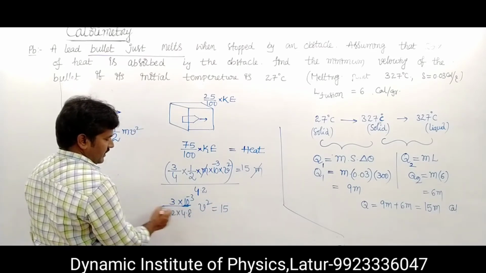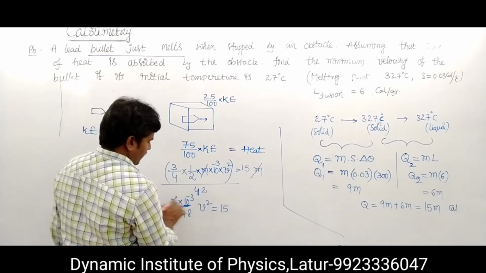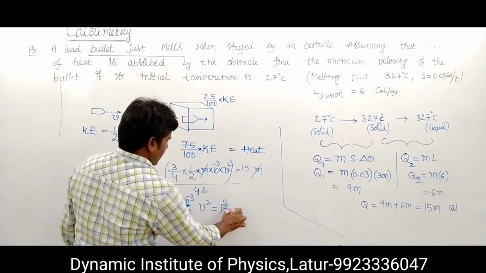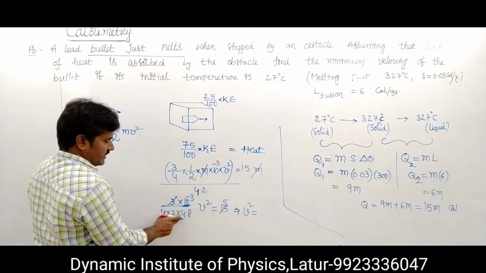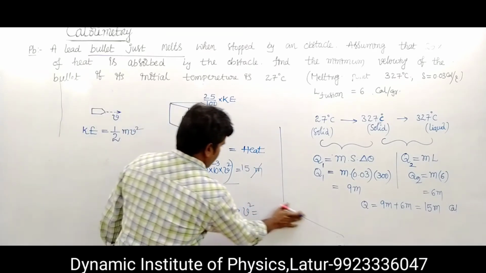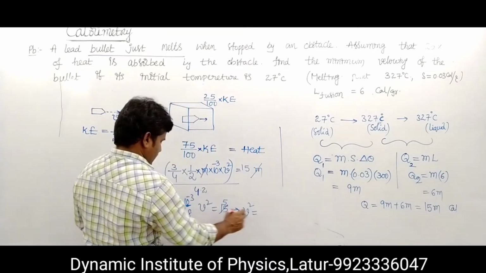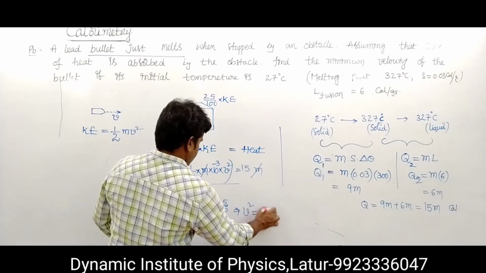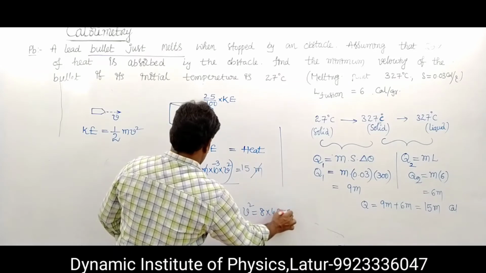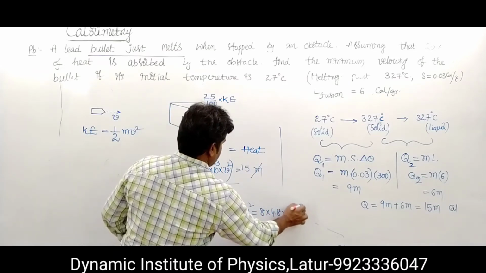So v square equals 8 into 5, 40, and 8 into 4.8 into 5 into 10 power 3.